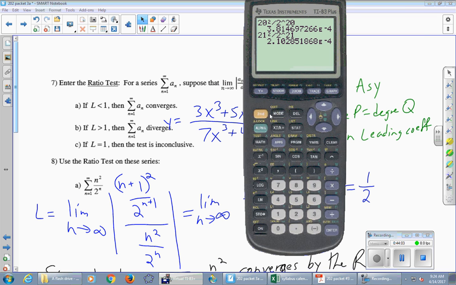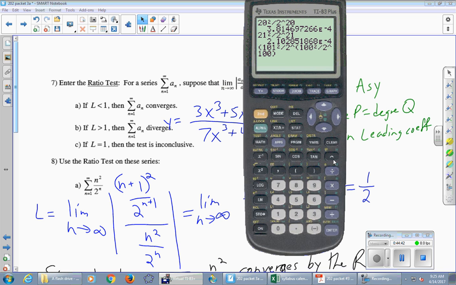But the farther out I go, so let's do like 100. I don't know if the calculator is going to yell at me. At some point, 2 to the power becomes too big for the calculator. So if I did 100 squared divided by 2 to the 100th, and then put the 101st term on top, 101 squared divided by 2 to the 101.